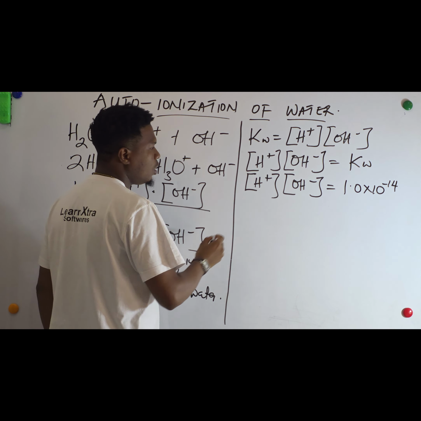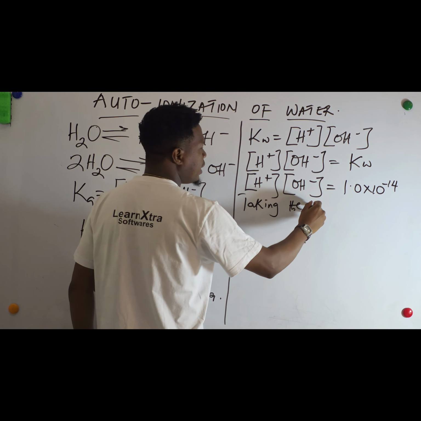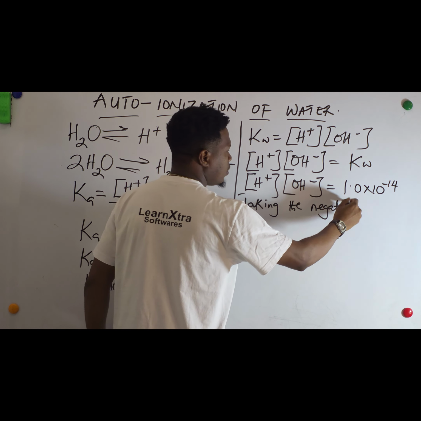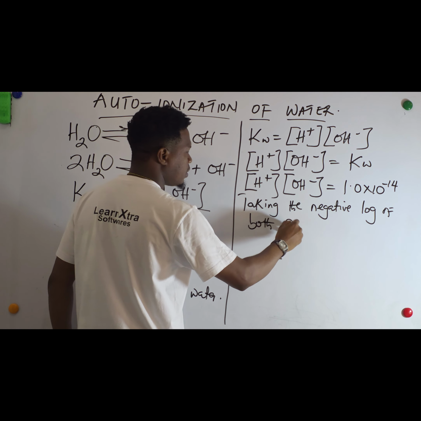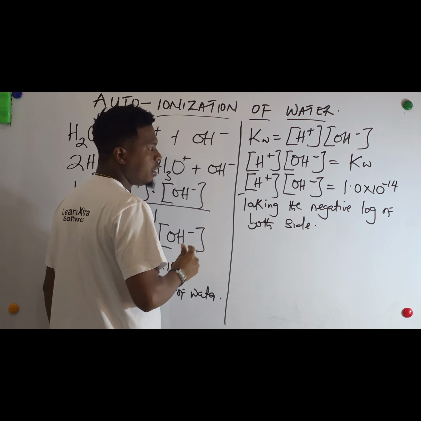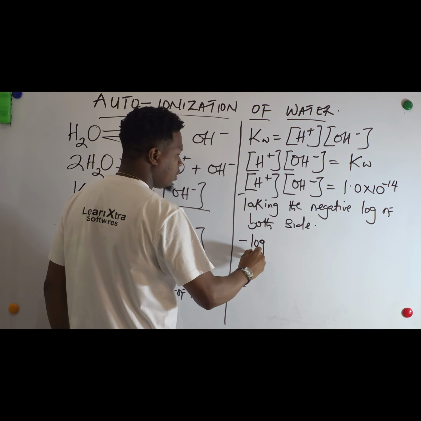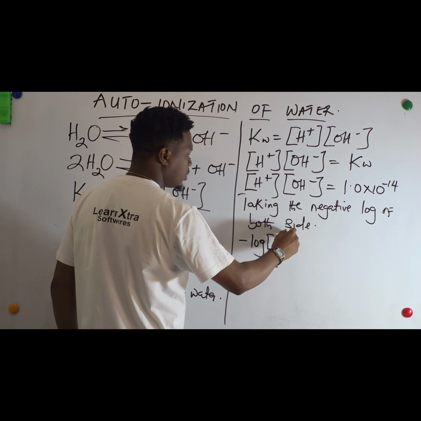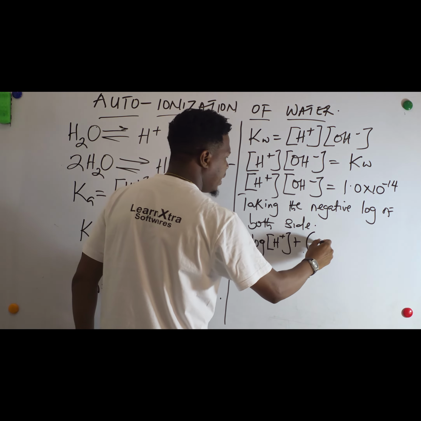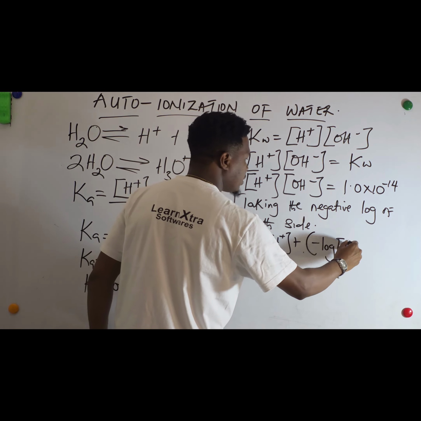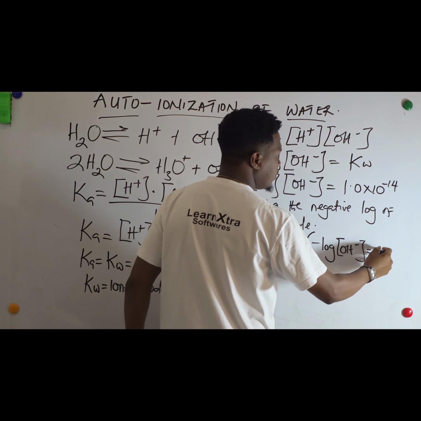Taking the negative log of both sides, we have minus log of hydrogen ion concentration plus minus log of hydroxide ion concentration is equal to the negative log of this value, which is 14.